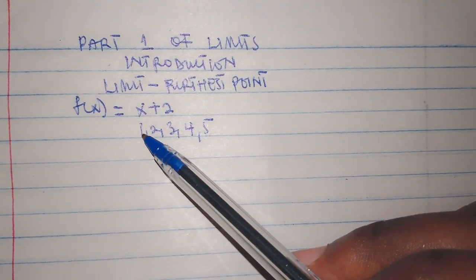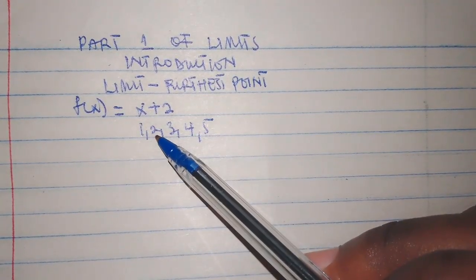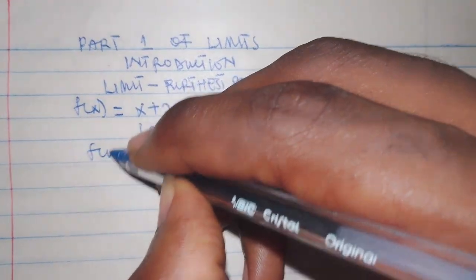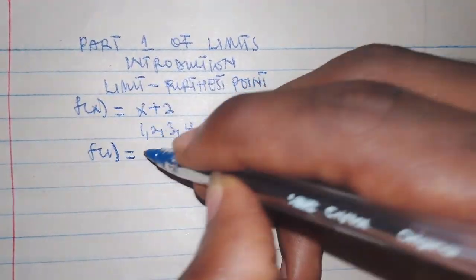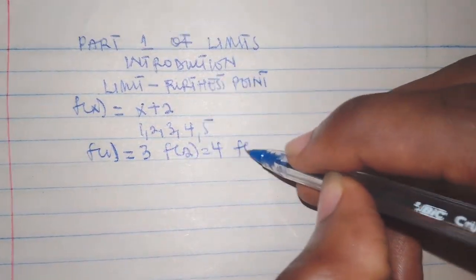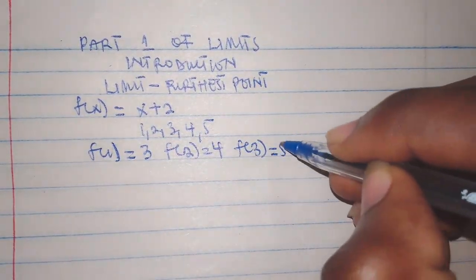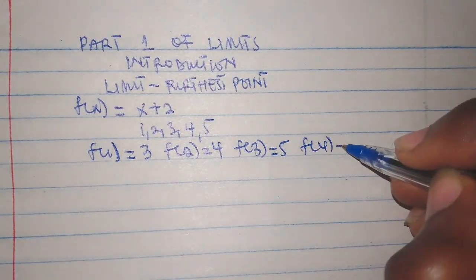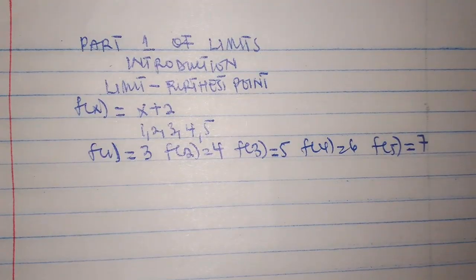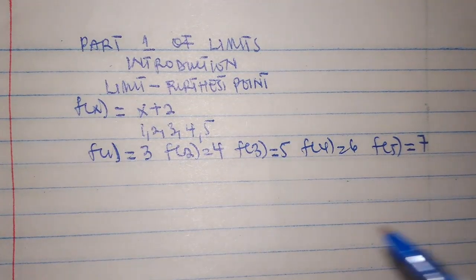We are going to substitute each of these values into this x plus 2. So f of 1 will be equal to 3, f of 2 is 4, f of 3 is 5, f of 4 is 6, and f of 5 is 7.